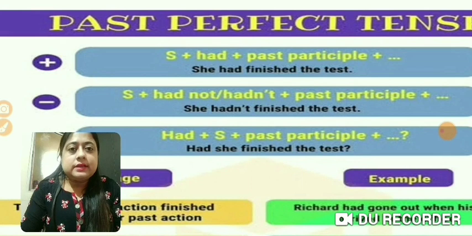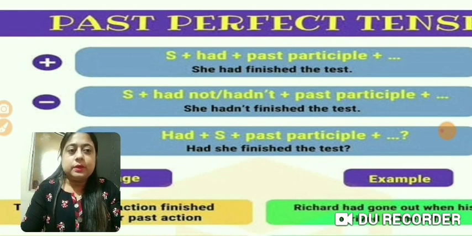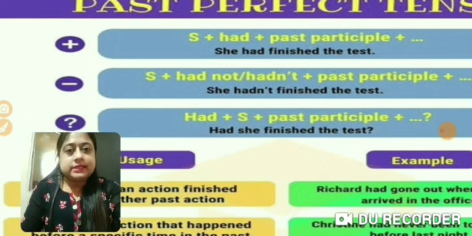In negative, subject plus had not, or in short form hadn't, plus past participle form of the verb plus the rest of the sentence. She hadn't finished the test. And in interrogative, had plus subject plus past participle form of the verb and the rest of the sentence. For example, had she finished the test?